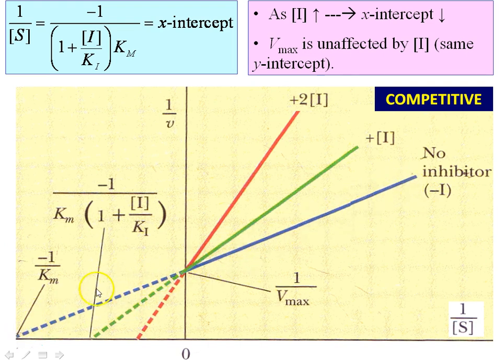So for the Lineweaver-Burk plot with a competitive inhibitor, when there is no inhibitor, you get back the regular plot of an enzyme with a substrate, because here the inhibitor concentration is 0 if it doesn't exist. 0 over something is 0, 1 plus 0 is 1, 1 times Km is Km, so it's minus 1 over Km, just like the case that you would expect without even considering the inhibition here.